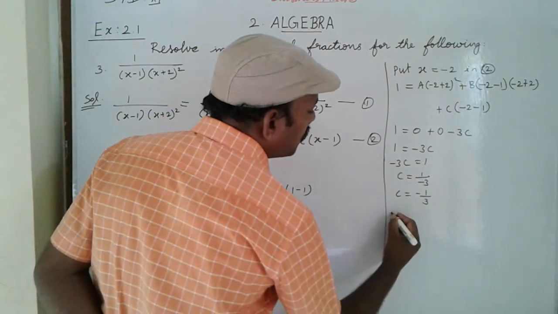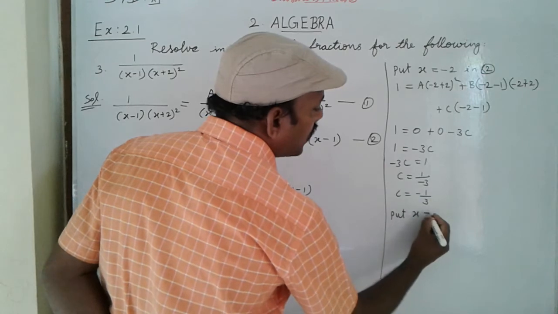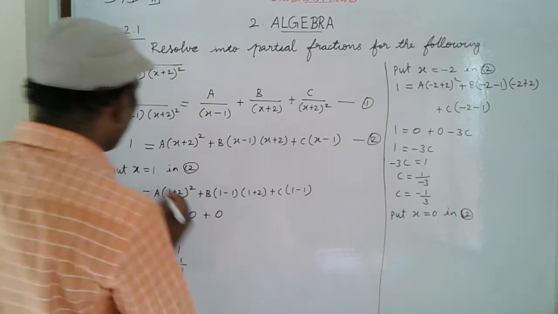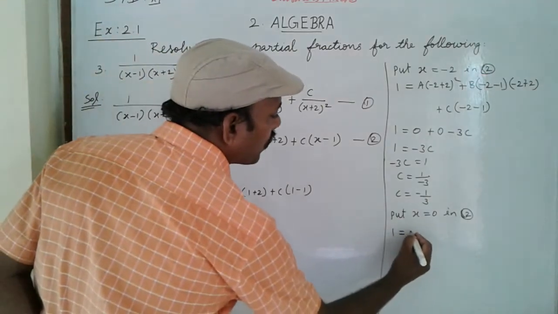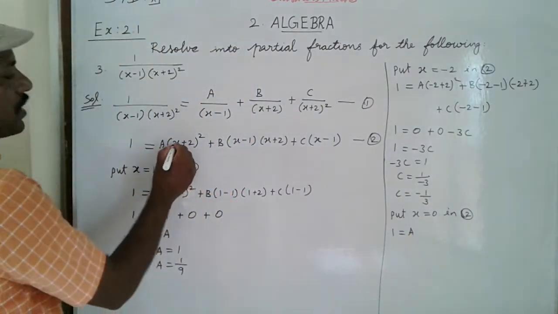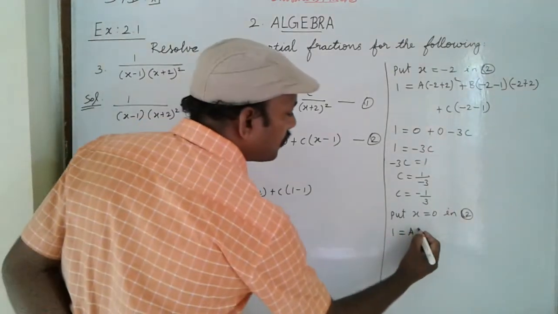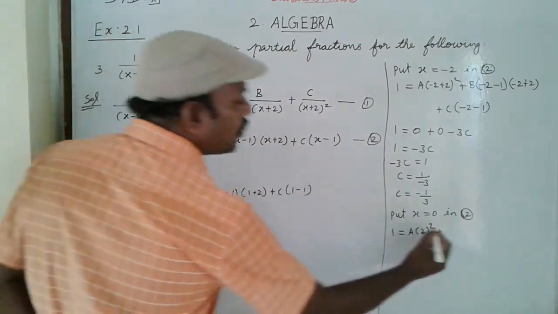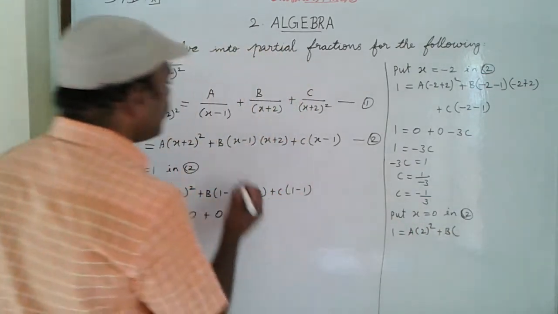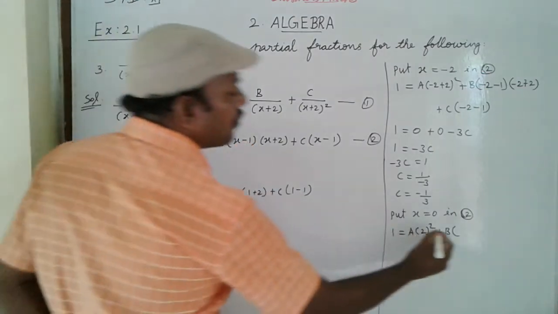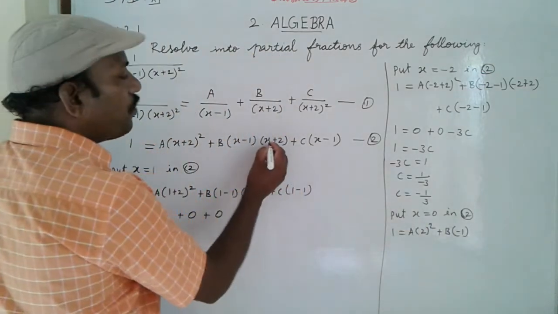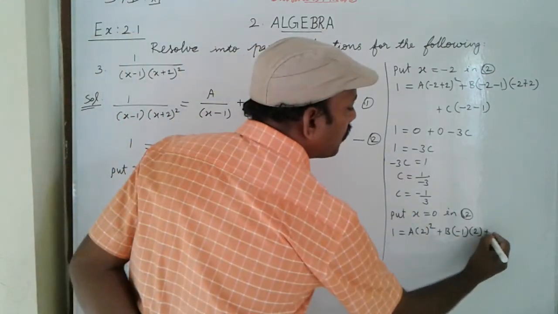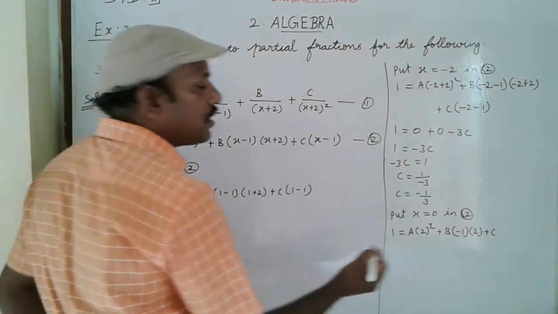So put x equal to 0 in equation 2. 1 equals a into (0 plus 2) square, plus b into (0 minus 1), which is minus 1, into (0 plus 2), which is 2, plus c into (0 minus 1), which is minus 1.